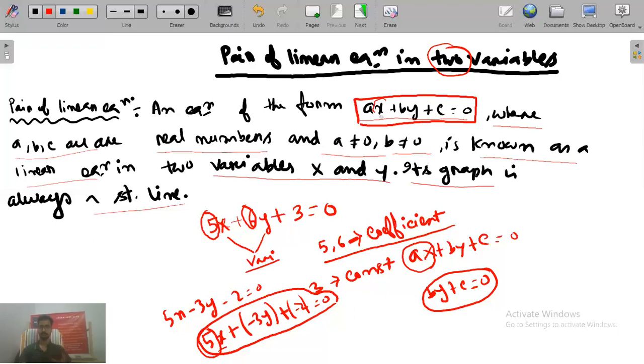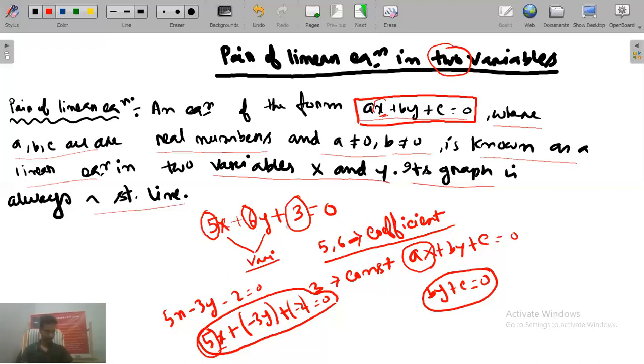So ax plus by plus c equal to 0 is the form of a linear equation where a and b are the coefficients, c is the constant, and x and y are the variables. In 5x plus 6y plus 3, 3 is the constant, 5 is the coefficient of x, 6 is the coefficient of y. You have to know these things.